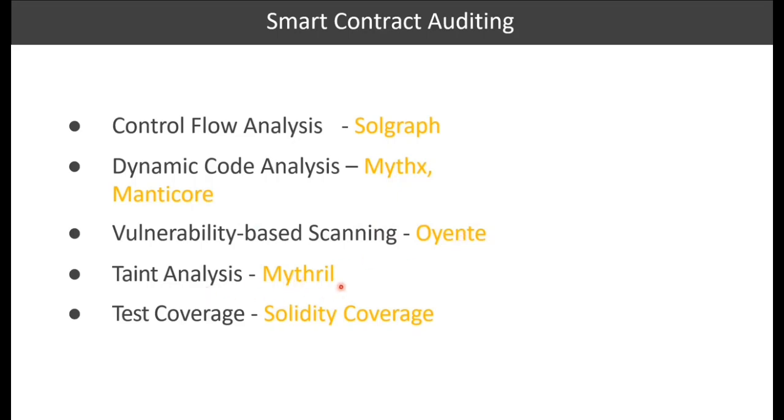Also taint analysis, so looking for any kind of possibilities in low-level code. That's what taint analysis is doing. And test coverage. So most Solidity tools do come with unit testing, so you can actually validate that all of your functions are being tested.